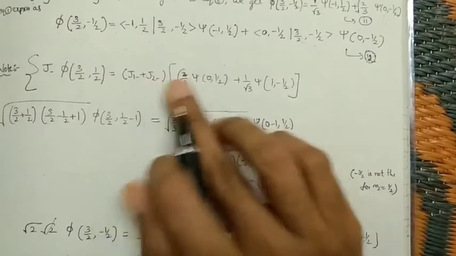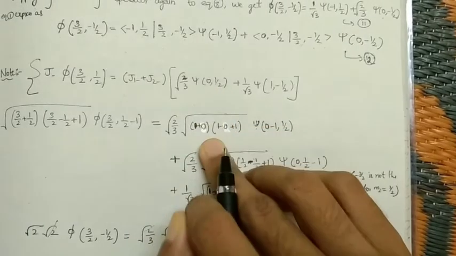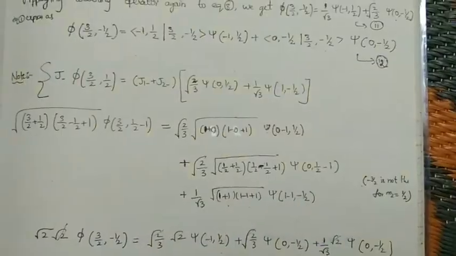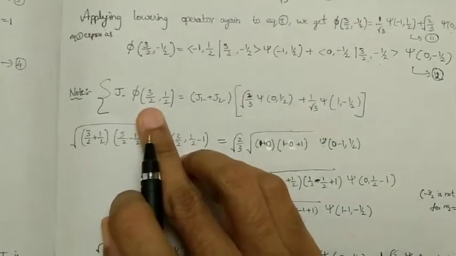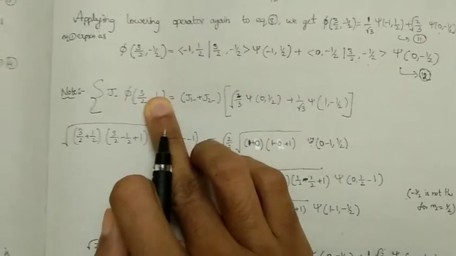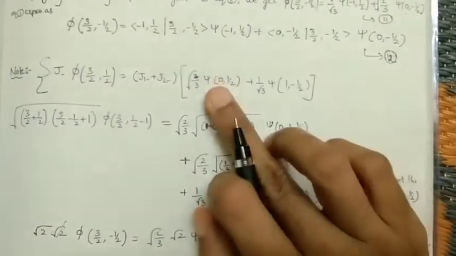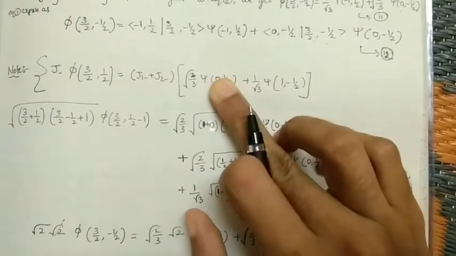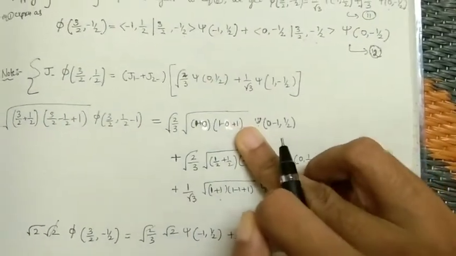We know that the factor is root of (j1 plus m1)(j1 minus m1 plus 1). This is not j here, and this is where the confusion arises. This is j and m, but here this is m1 and this is m2. In the question it is already given that j1 is 1 and m1 here is 0, so 1 plus 0, and 1 minus 0 plus 1.